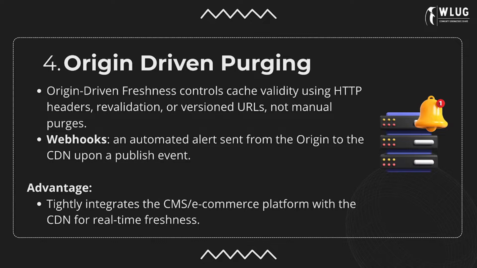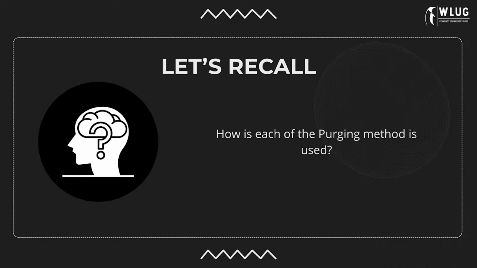It would include a trigger to the webhook, that is the tool, which would notify the CDN, and it would lead to instantly purging the cached version of today's deal at midnight. So these would be the main applications of each of the purging methods in CDN.